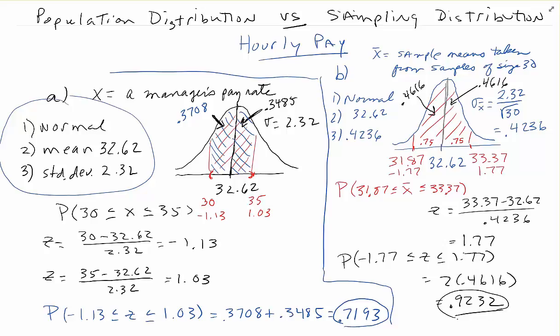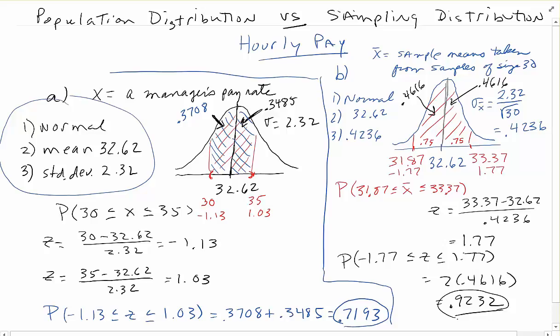So the distribution of those sample averages, although it's normal, has a different standard deviation. It's called the sampling distribution. The standard deviation is 0.4236.